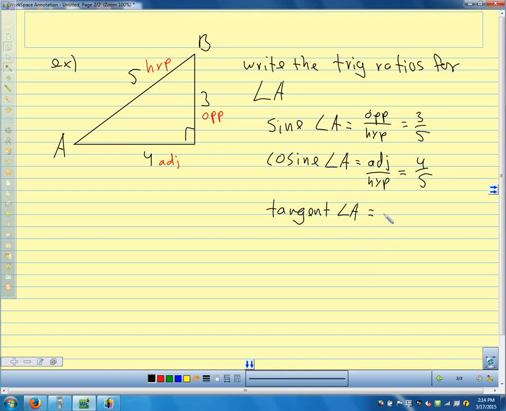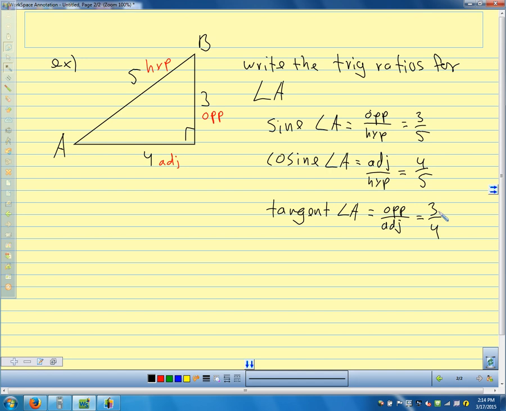Tangent of angle A is opposite over adjacent, equals 3/4. And that's all we'd have to do for this problem. For this type of problem, write the trig ratios, that's all it's asking us to do, is write those ratios down.